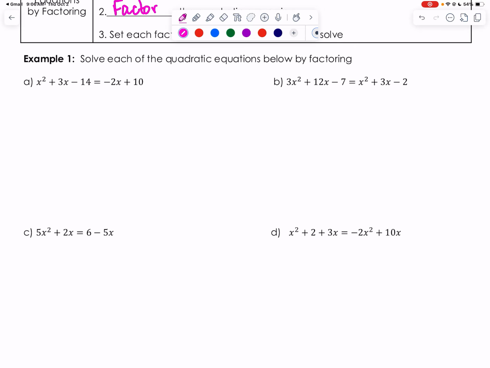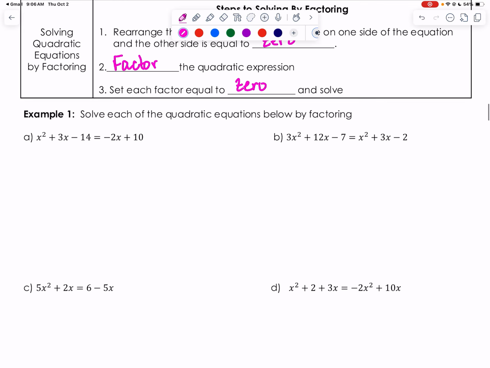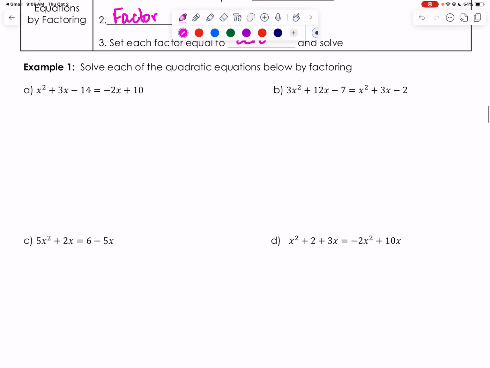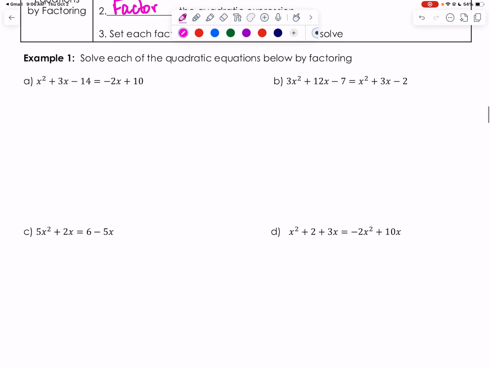In example 1, it says solve each of the quadratic equations below by factoring. All right, so step 1 said to rearrange the equation so that all the terms are on one side of the equation. So what I'm going to do here is I'm going to move the negative 2x by adding 2x. Now if I add 2x on that side, I have to add 2x on this side. And then I'm going to remove the positive 10 by subtracting 10 from both sides. Now let's see what that results in.